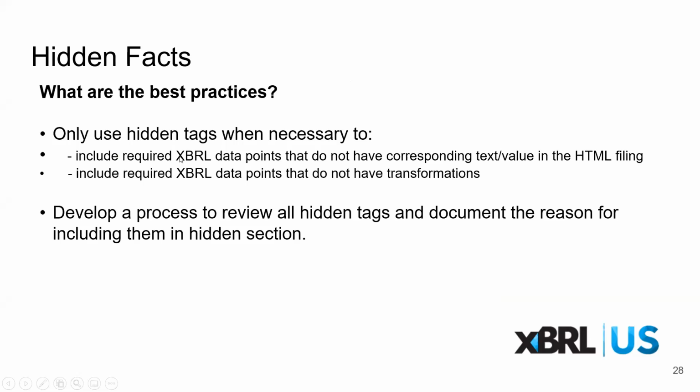It is important to develop a process to review the hidden facts and make sure that you ascertain the reason why they have been included in the hidden section. This will involve an understanding of what the available transformations are, which again will be covered in more detail later on.